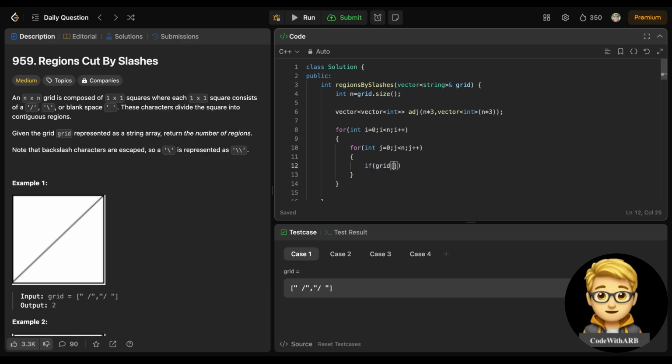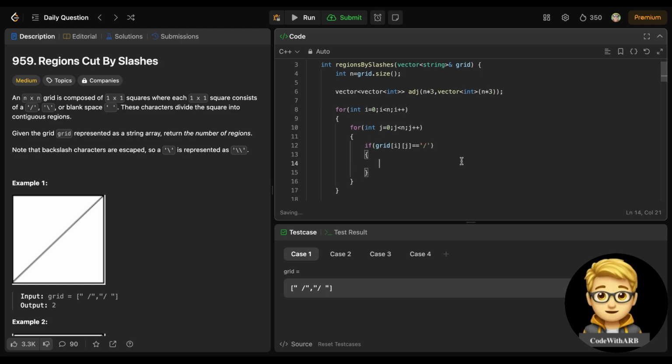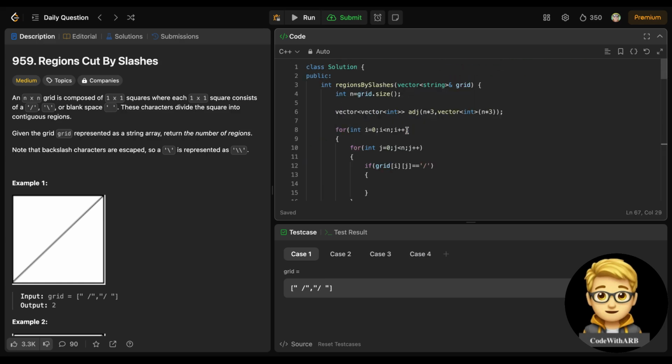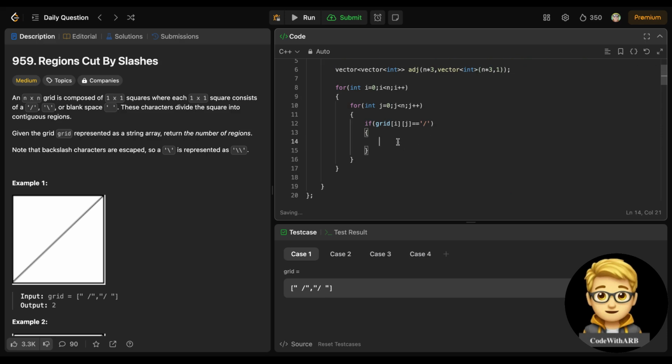So we will check if grid[i][j] is a forward slash. If it is, it will start from the top right, but it is given n into 3, so I need to mark it as 0. One thing to note is that initially all the cells are marked as 1, and whenever I get a forward slash, I will mark that as 0 to separate it.